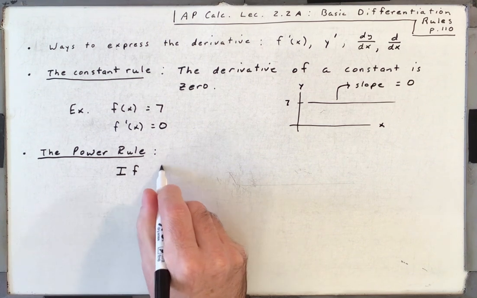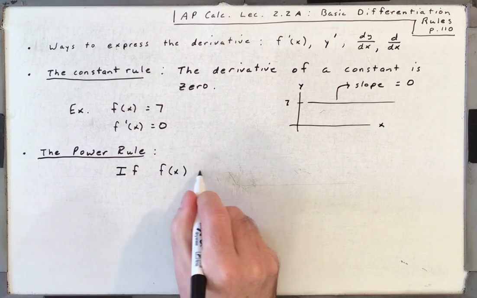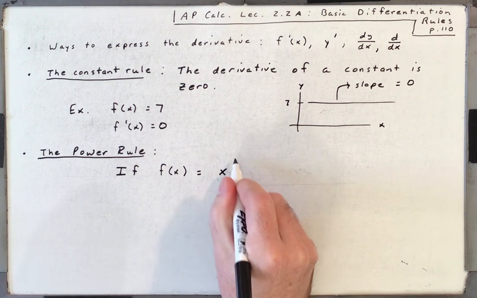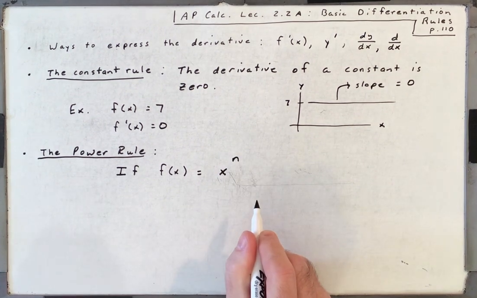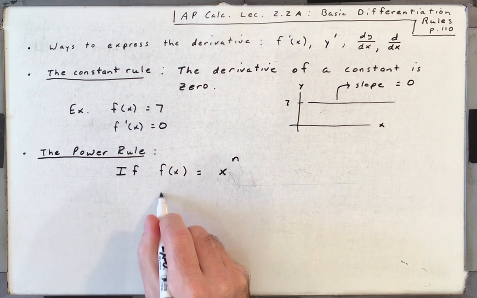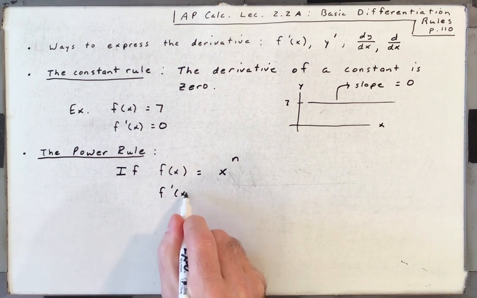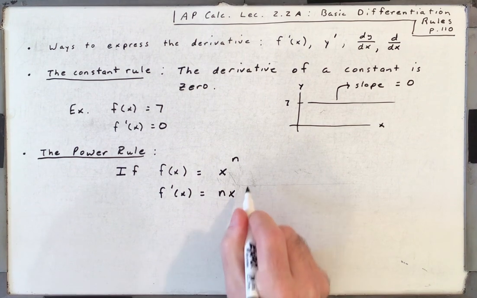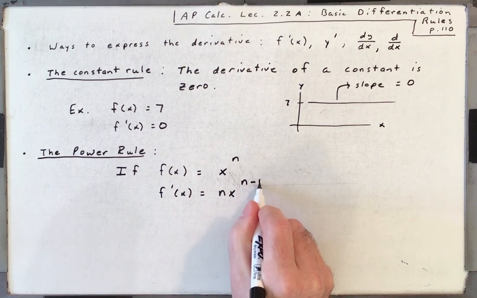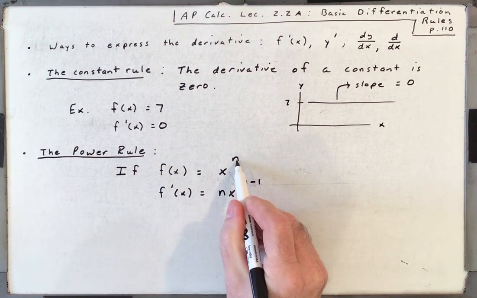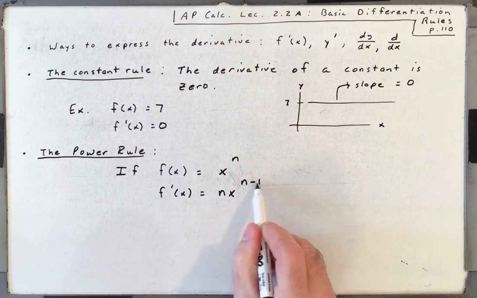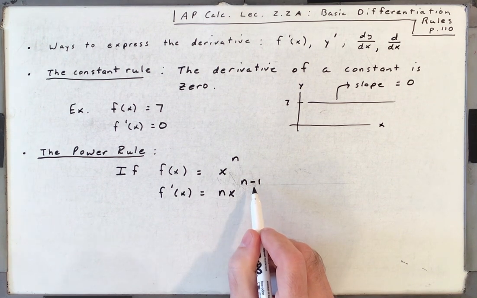If f of x is equal to x to the n power, f prime of x is equal to n times x to the n minus 1. So you bring the exponent out front and multiply times x, and then subtract 1 from the exponent.